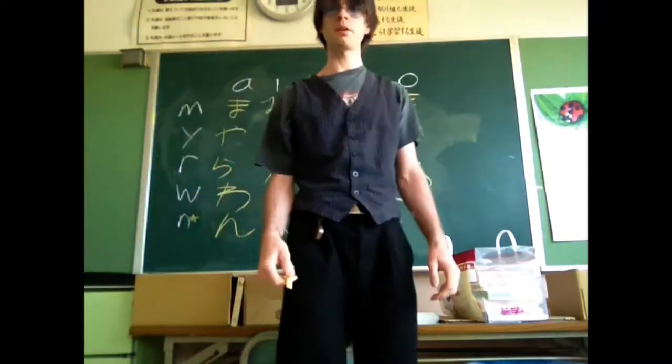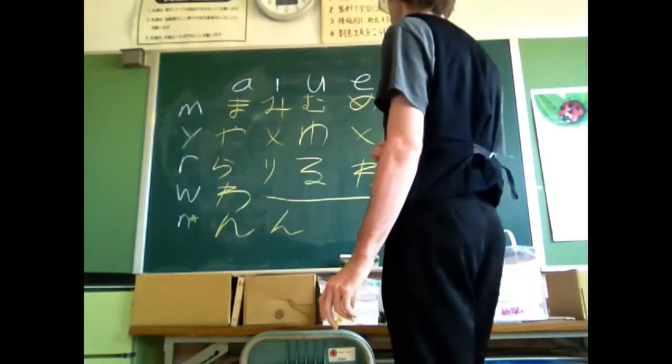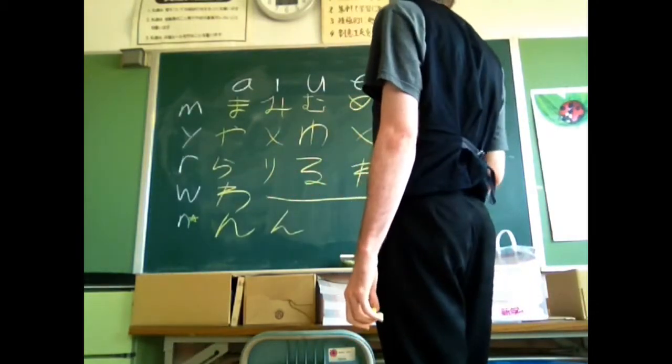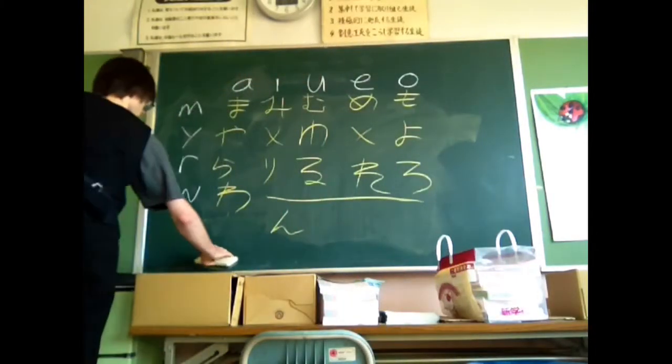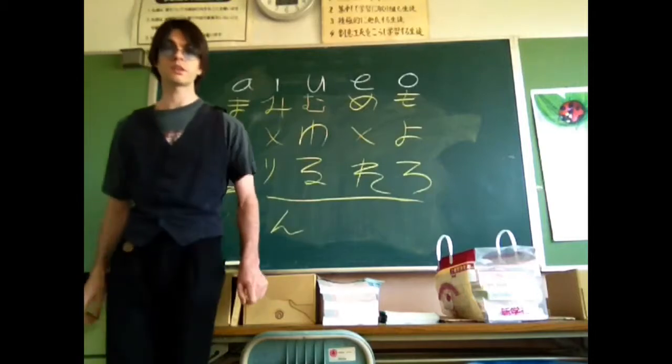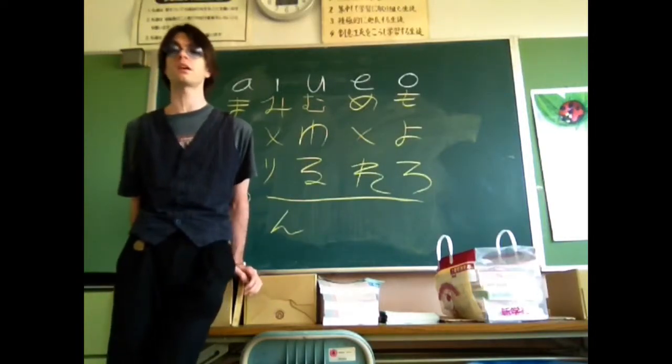Alright, you guys should tell me how you did in the comments. How many points you got out of this one. That'd be 5, 10, 15, out of 15 points. Alright, so that's everything for this one. We have covered all of the basic hiragana.